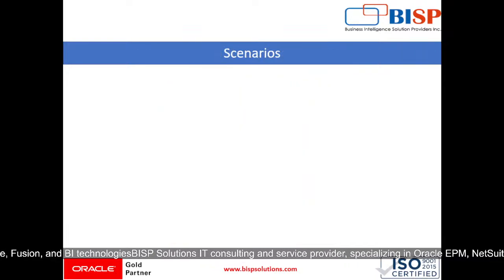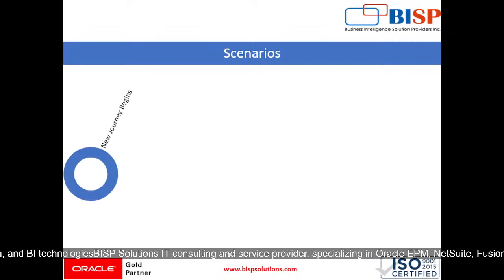It starts with scenario number 1, a new journey begins, where Arjun had just joined ABC Electronics, a company that manufactures smart home devices, and his manager is Mr. Ravichandran. He told him, Arjun, we have been using NetSuite for our financial and inventory, so now it's time to set up the manufacturing module also, and I need your help.